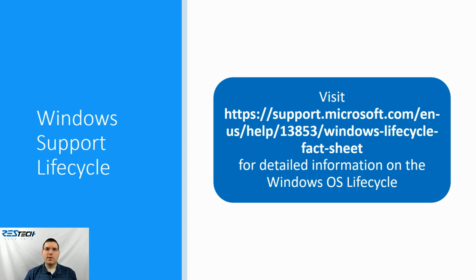The one distinction I do want to make is that, starting with Windows 10, Microsoft has changed how they do their Windows updates. They are now doing twice-yearly major updates to their OS, and each of those versions has its own time frame of support and when it will be retired, and that's all referenced on the page.